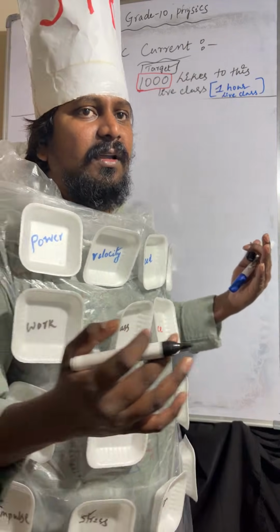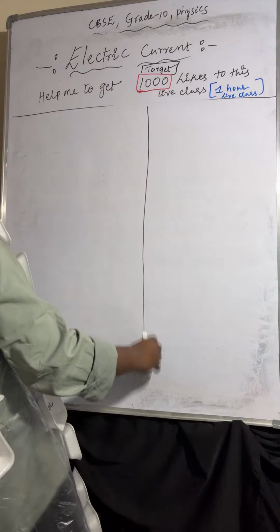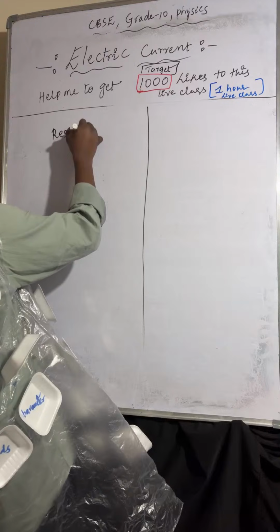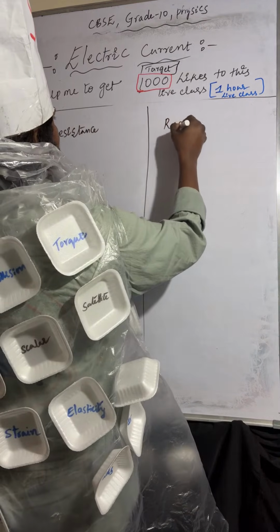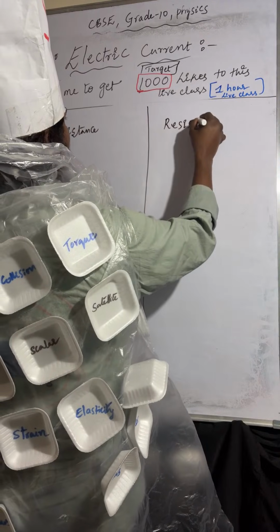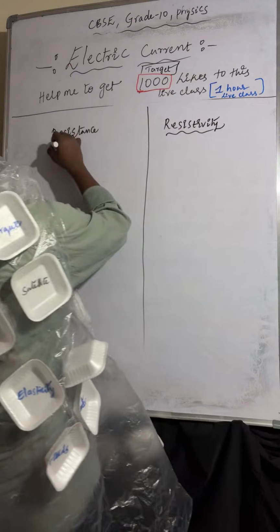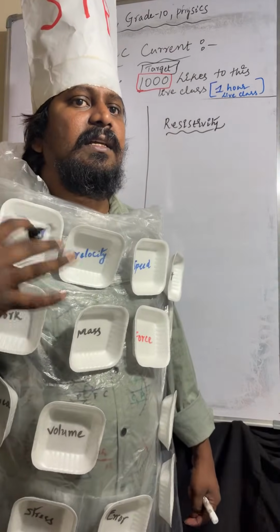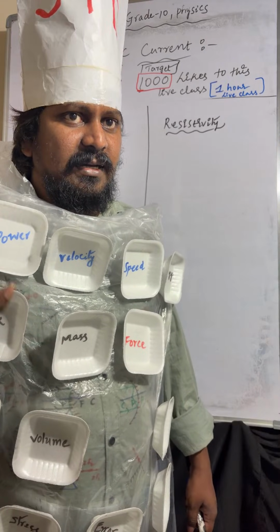Here you can observe, R is resistance. Resistance is the phenomenon of opposing the electric current.